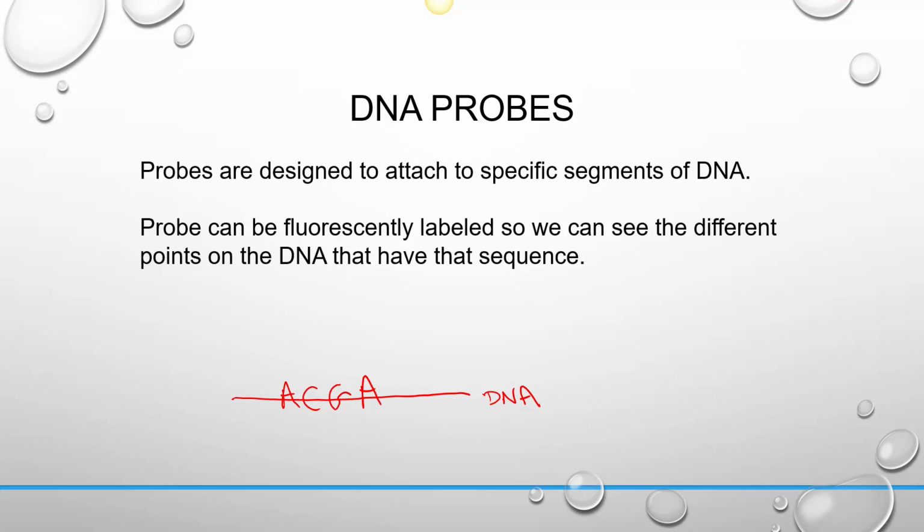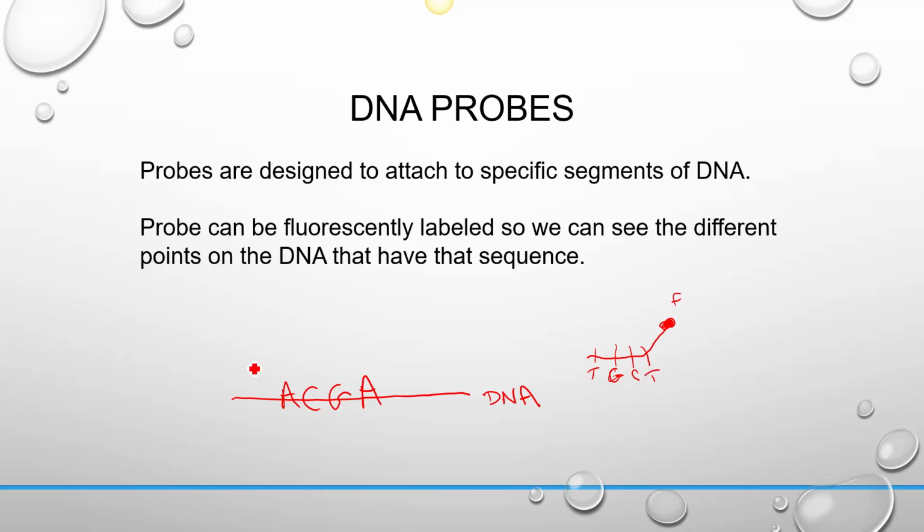So now let's say we have a probe, and there's different probes that exist. There's a probe that has a fluorescent molecule, and it would have a complementary strand.